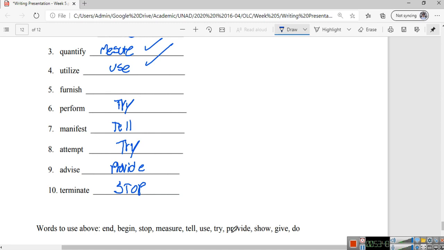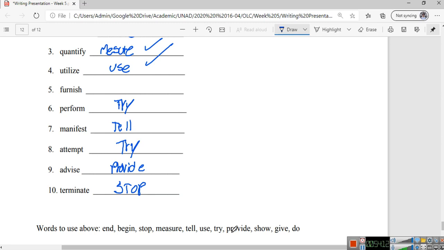But I'm not really sure about it. Furnish. This one is giving me some confusion, because we can use give, but we also want to give some kind of finish to that give to make it better.